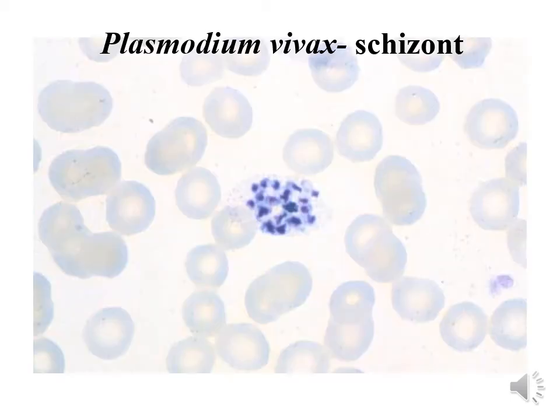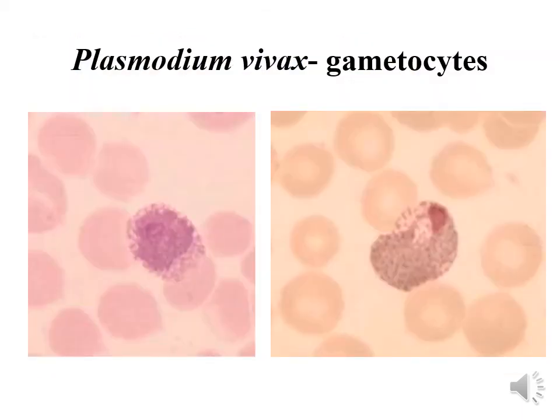This is also a schizont of vivax, and if you look, the membrane of the cell is not very clear here, but the cell is comparatively larger than the non-infected cells. And here it's a different staining technique. If we brought this slide in the exam, it may be acceptable to say possibly this is a gametocyte, possibly of vivax, or even maybe ovale.